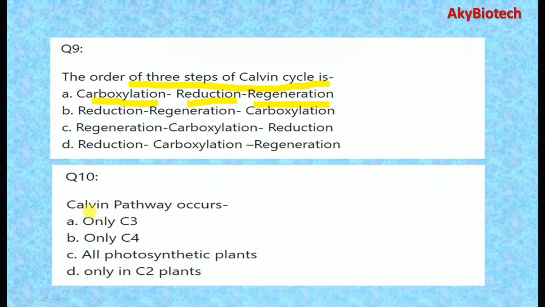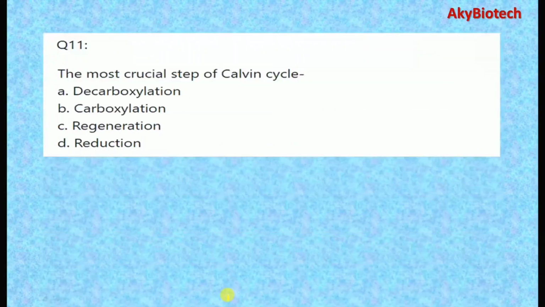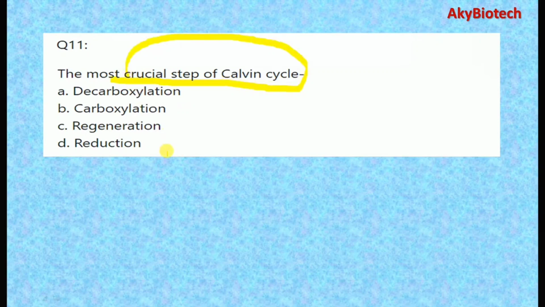Number 10, Calvin pathway, it occurs in all the photosynthetic plants. Number 11 question, the most crucial step of Calvin cycle. We have to find out the most crucial step of the Calvin cycle. This is the number 1 step, that is the carboxylation.